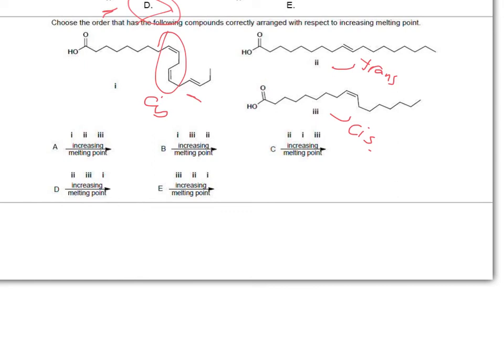And that would mean that the lattice that you would see in the case of a trans molecule is going to be much more stabilized. So this is going to have a higher melting point than the cis one for sure. And if you compare 1 to 2 and 3, it's going to differ from them in terms of the number of hydrogen atoms.